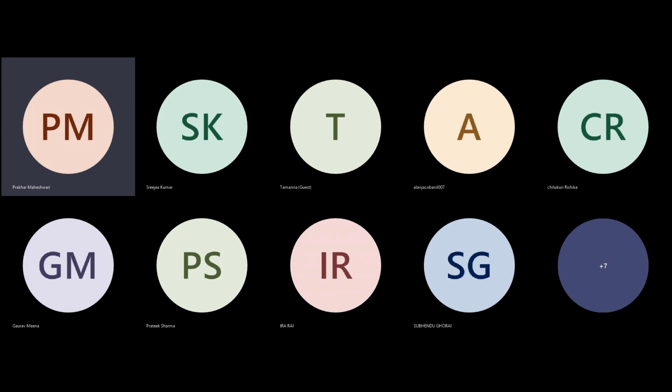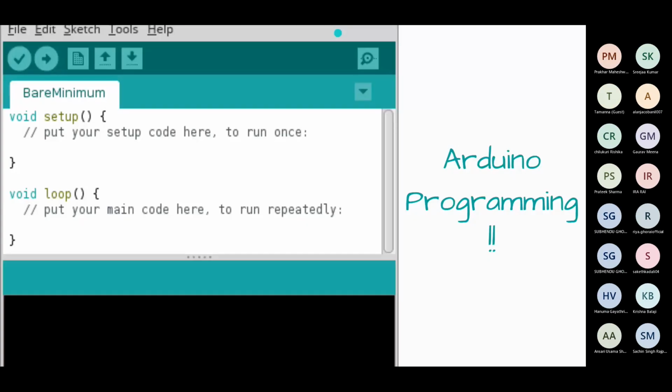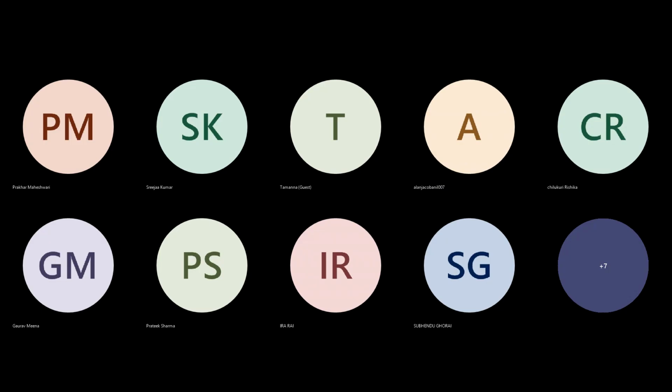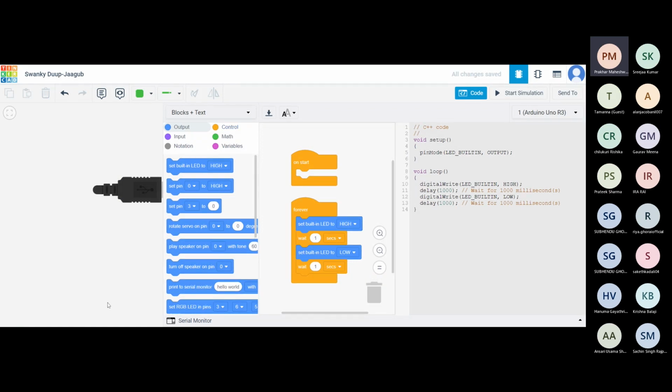Yeah, Tamanna, could you show the screen once again? I want to explain certain things. Yeah, okay, great. So if you see in the void setup, we have put the mode of the pin, and in the void loop, we have put the code that we want to run again and again.